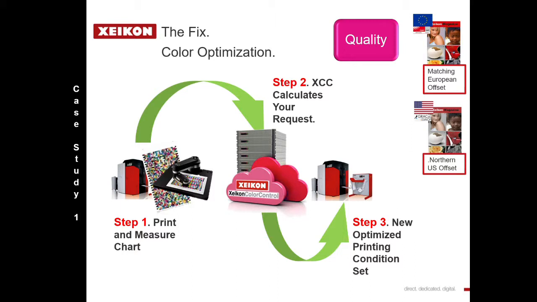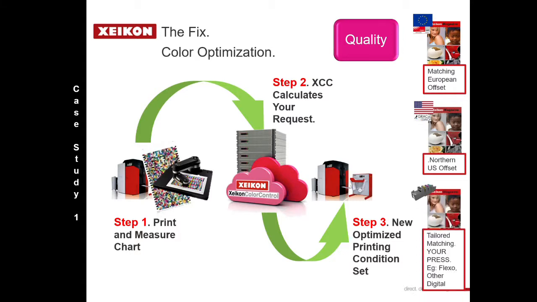So that could be also for the USA, and even a tailored profile, so the Zycon is representing or printing like another process you have. So it's a very simple process to do this, and the results speak for themselves.